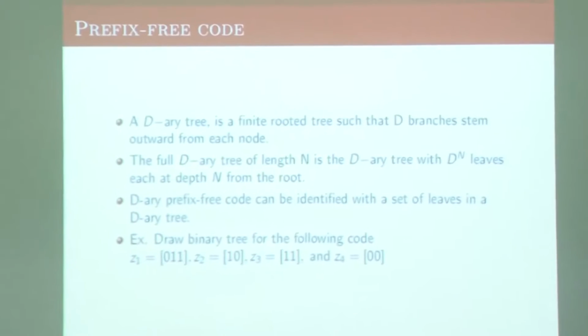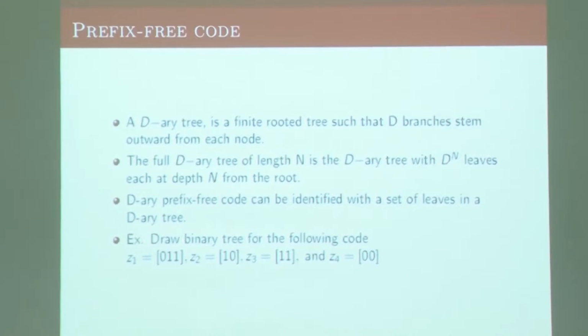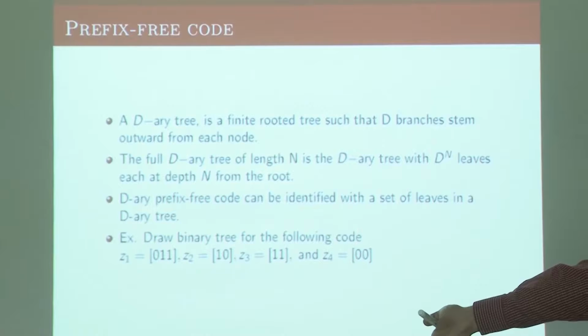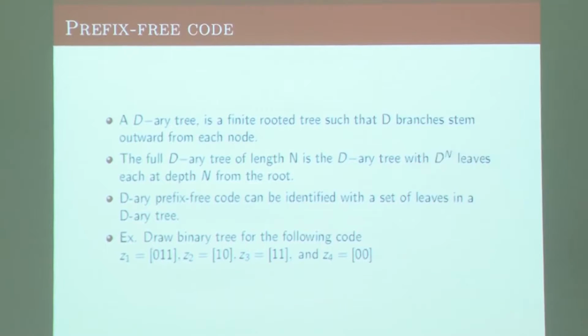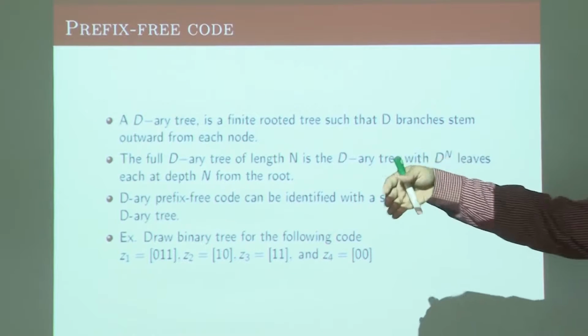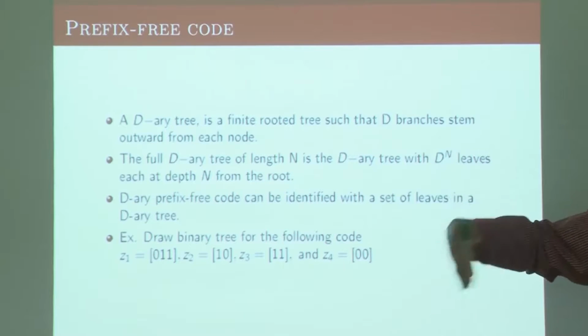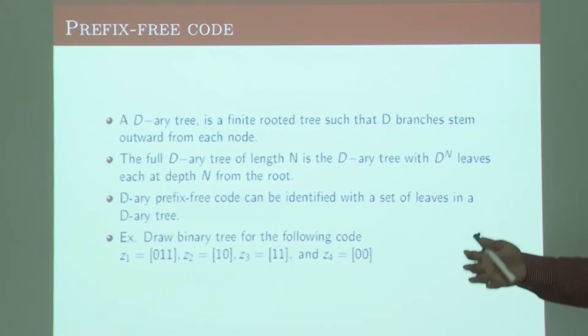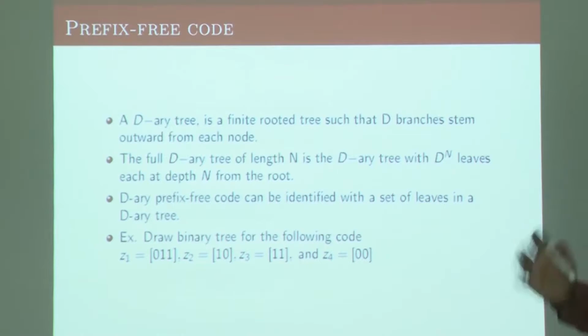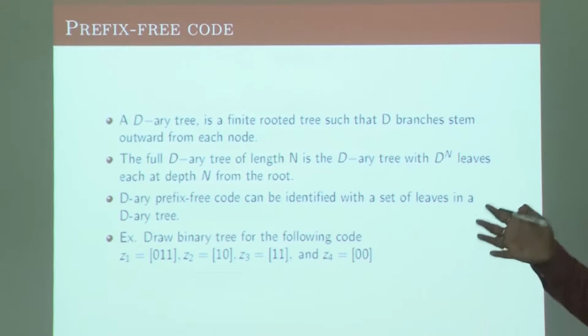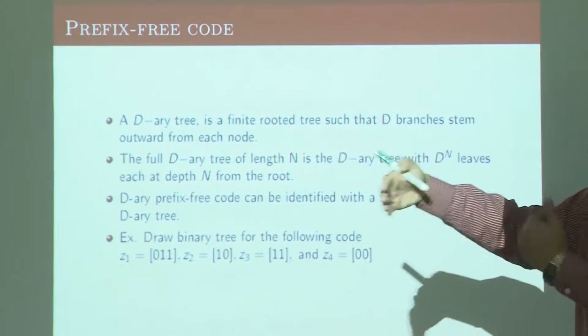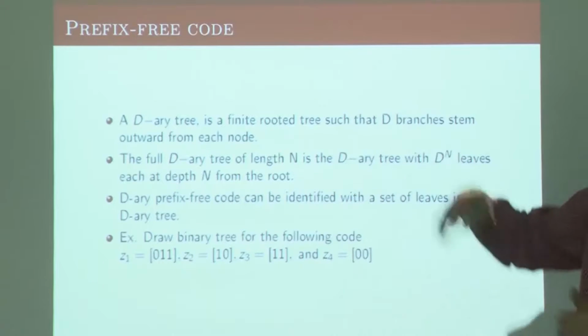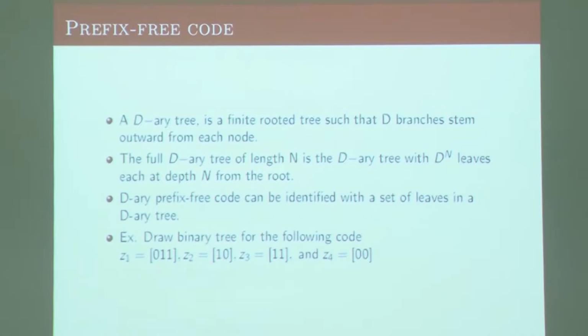The point I am trying to make is any prefix-free code can be correspondingly mapped to a D-ary tree, and we will use this tree to prove the properties of this prefix-free code, like what is the minimum number of bits required to encode this sequence, what is the minimum expected code word length. Those proofs will make use of this D-ary tree.